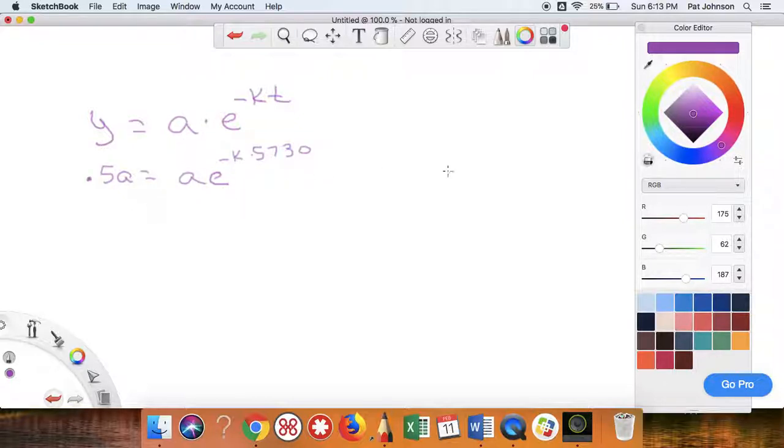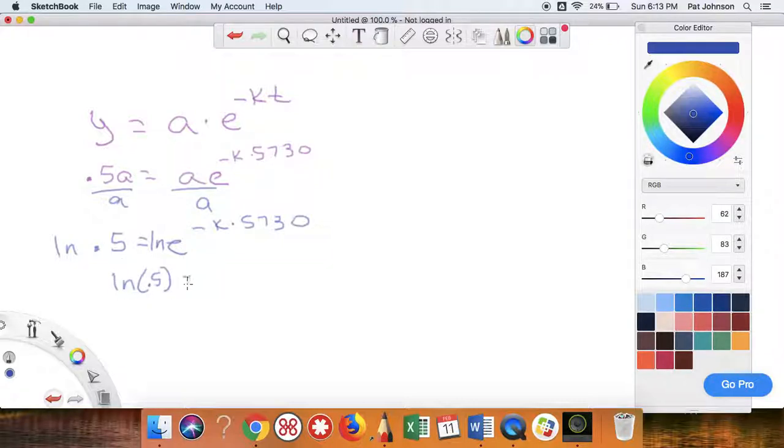Now we just use algebra and logarithms to solve, and we're going to divide both sides by a. We get 0.5 equals e to the negative k times 5,730. Now we just solve. Can't we take the natural log of both sides? When we do that, we're left with the natural log of 0.5.